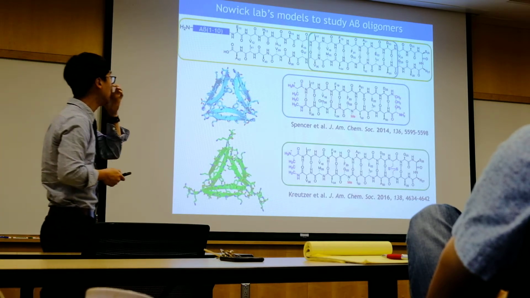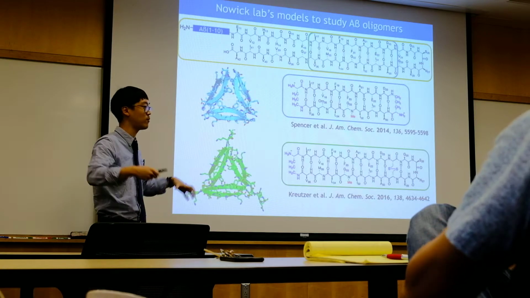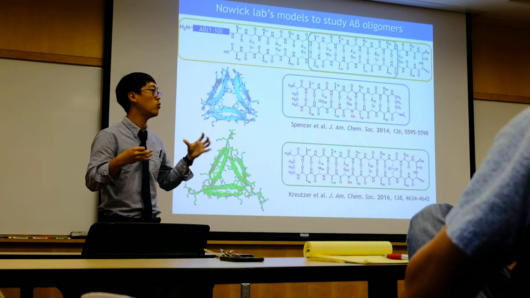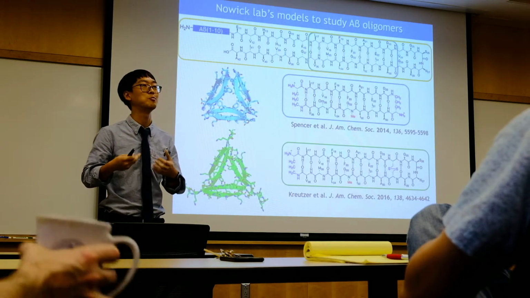What I wanted to do is to study the whole peptide, not just half of the peptide, but the whole thing, because the whole peptide is actually the pathogenic species, right?